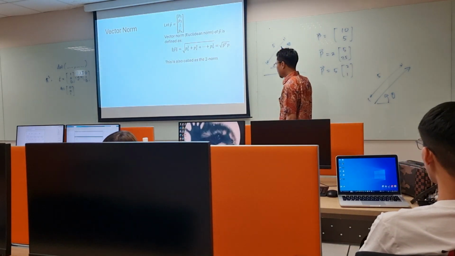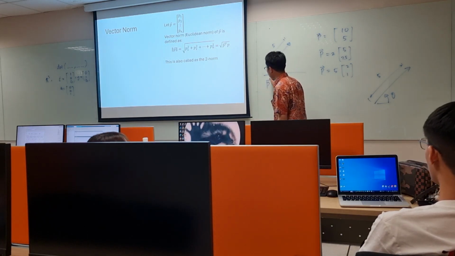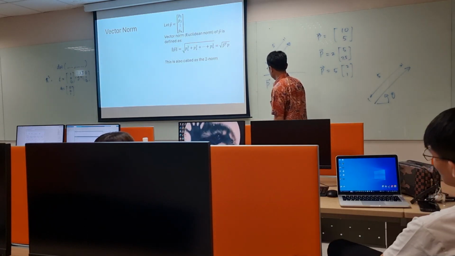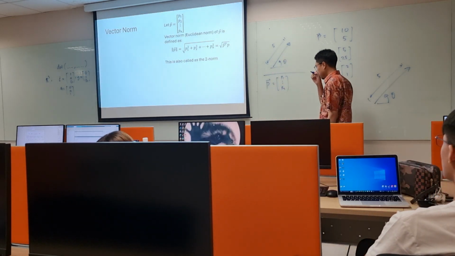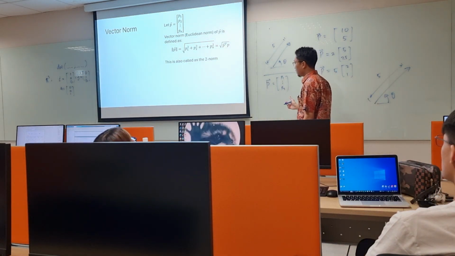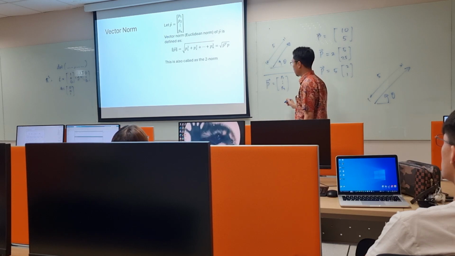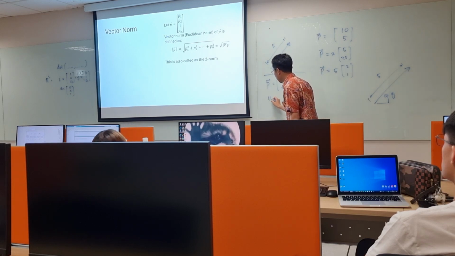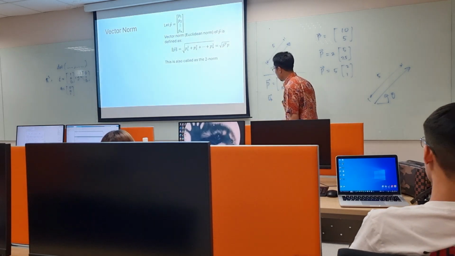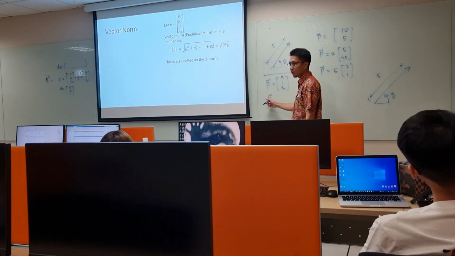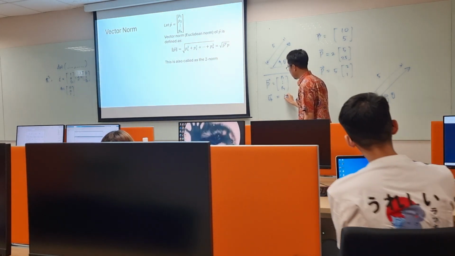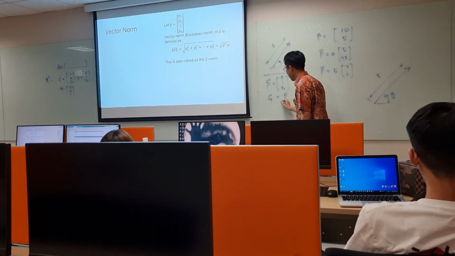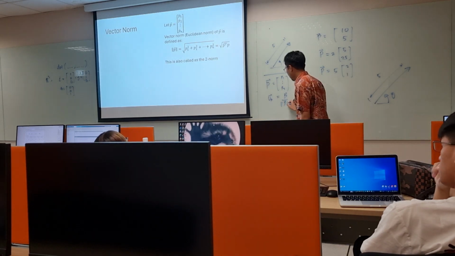Okay. Let's say we have a vector b, which is b1 up to bn. If I want to get the unit vector of b, I use the notation like this: the unit vector of b is equal to b divided by the norm of b.